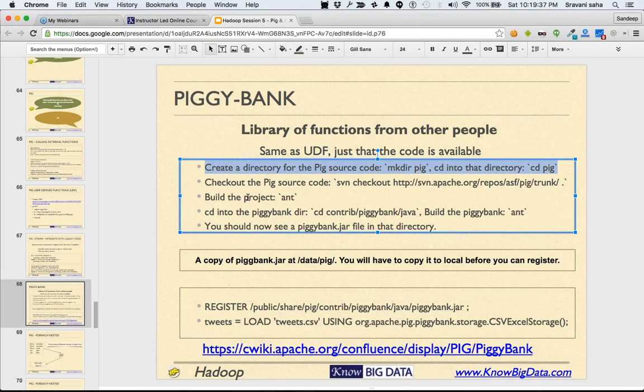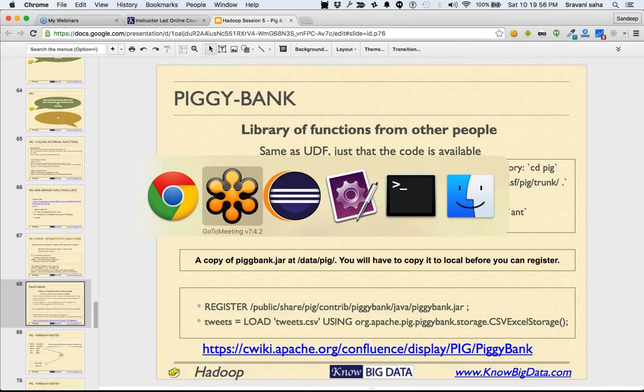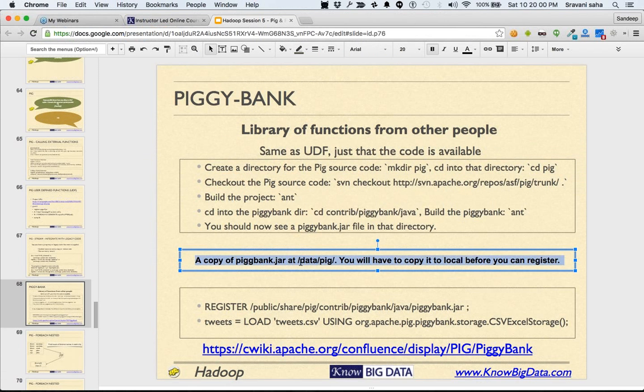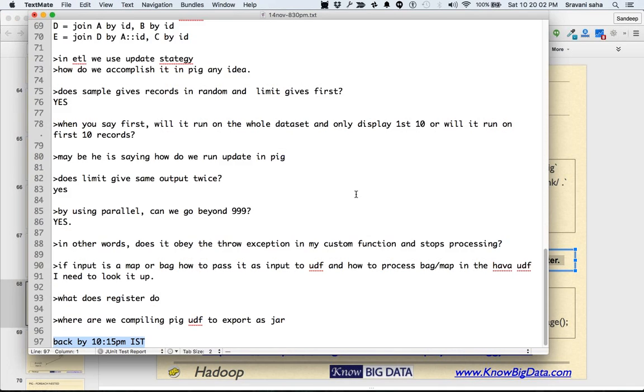All right. So you can basically create a directory for pig source, and then check out the code. Basically, you have to check out the code, compile it by using ant, and then you will have piggybank.jar. I'm not sure if the piggybank jar is available. Let me fix it.